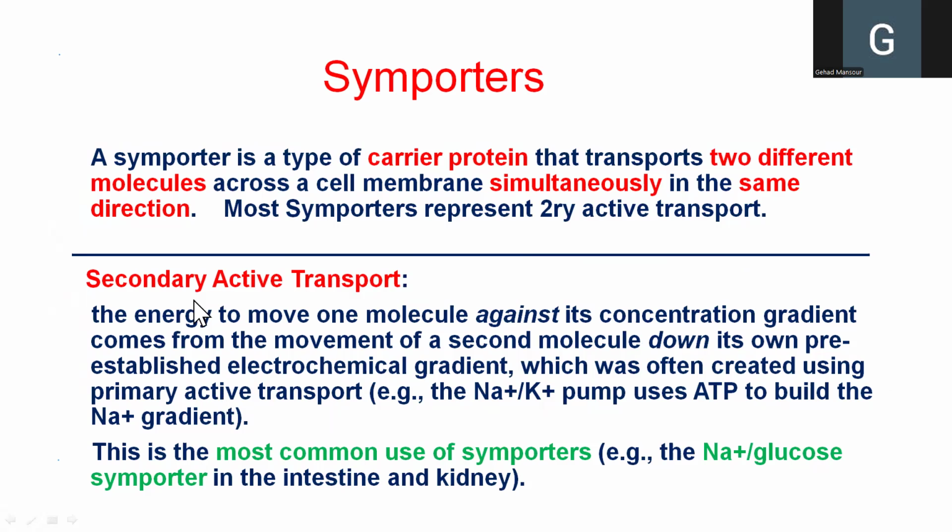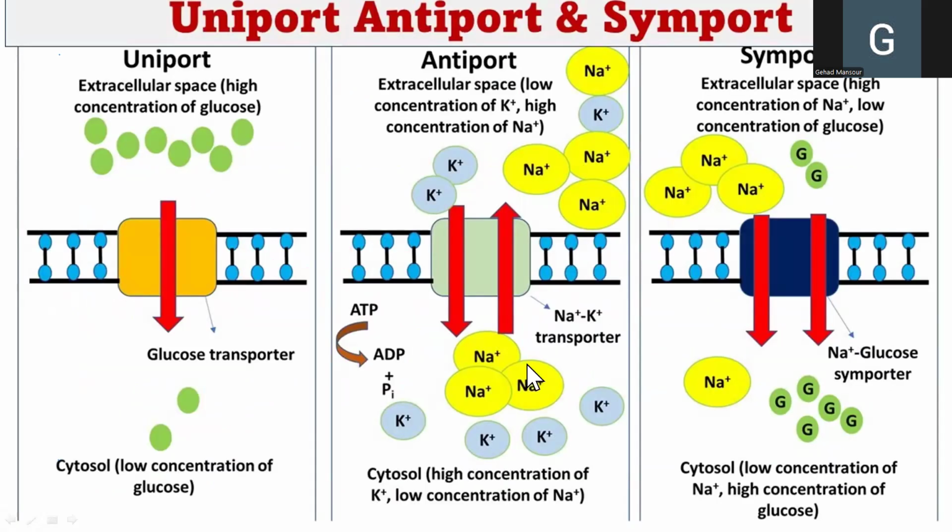So we can reverse the text and start here. The primary active transport is the active pumping of sodium outside, and then an electrochemical gradient was generated. There was a chemical gradient because the concentration of sodium outside was higher, and there was an electric gradient because the positive charge outside was more than the positive charge inside.